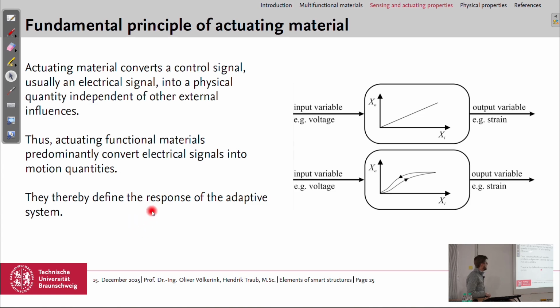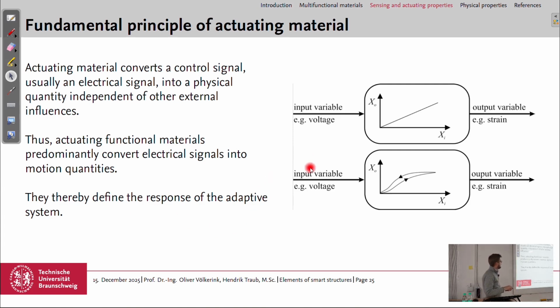And with this, we define the response of the adaptive system. So this is if we have the disturbance signal and the controller, then we use the actuating material to, for example, bring the satellite reflector back in its original shape, where we want to have it to have a good transmission of the signal.